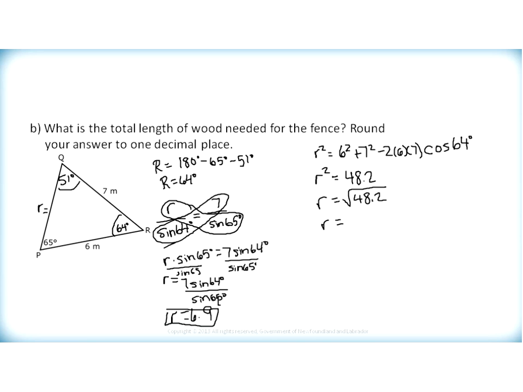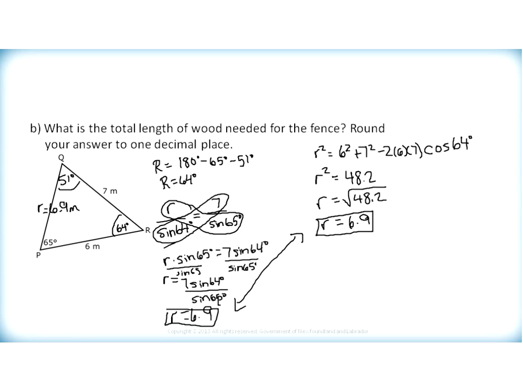So r is equal to square root of 48.2, which once again works out to be, well, not exactly, it works out to be 6.9. It's 6.94 and a bunch of other numbers, but whether I'm using sine law or cosine law, I'm getting r to be exactly the same number, 6.9.